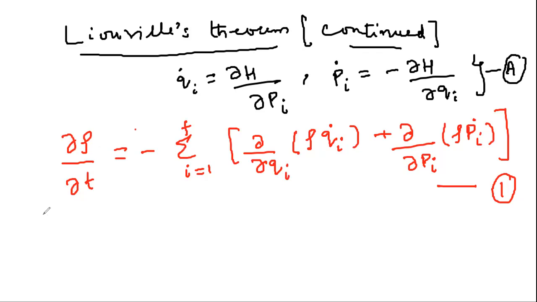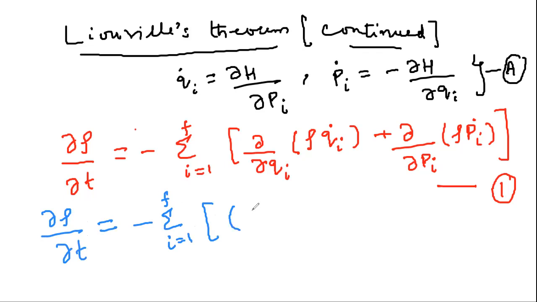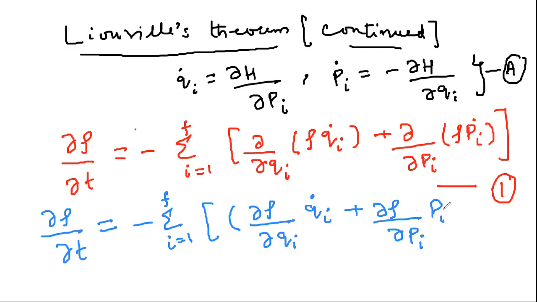Dou rho by dou t is equal to minus summation i equal to 1 to f, of dou rho by dou qi times qi dot plus dou rho by dou pi times pi dot.